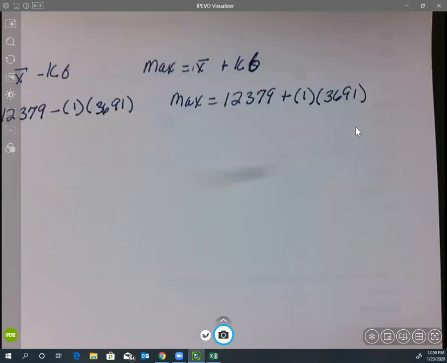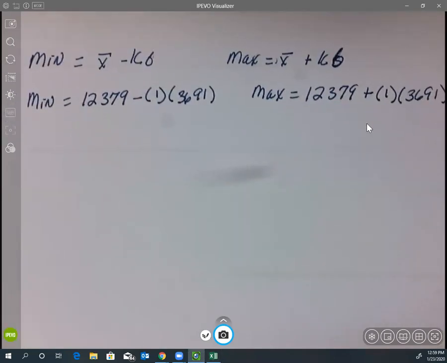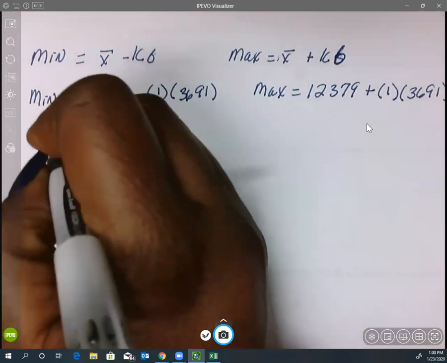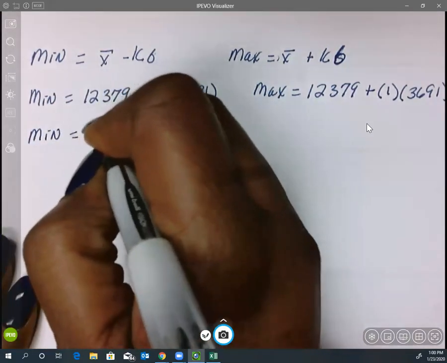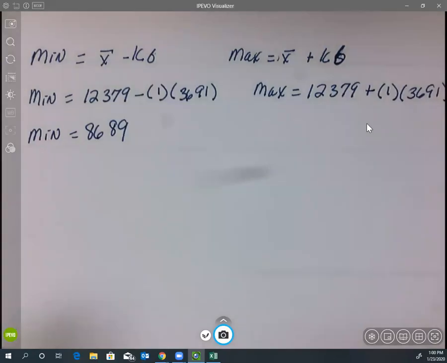All right, so on our calculator, all we need to do is the 12,379 minus 3691. That's 8,688. And then here we're going to add 91. I forgot 91.